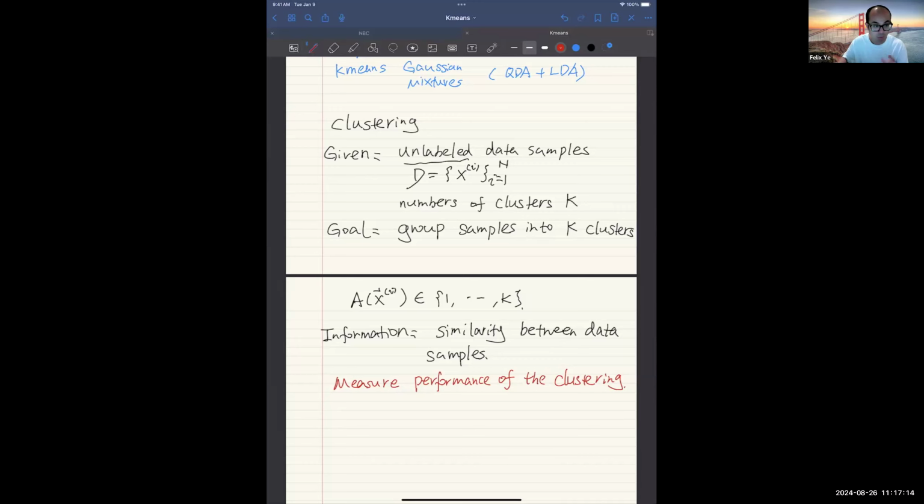That means within a cluster, the points should have high similarity, and between clusters, we should have low similarity.